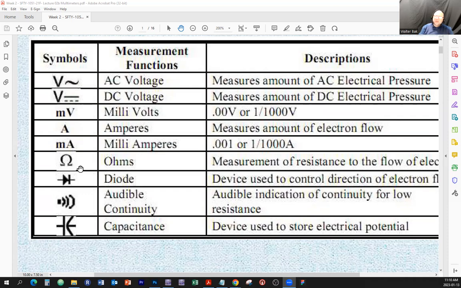If you apply a DC voltage to that resistor, you get resistance, the opposition to current flow, and the value is going to be 100 ohms.